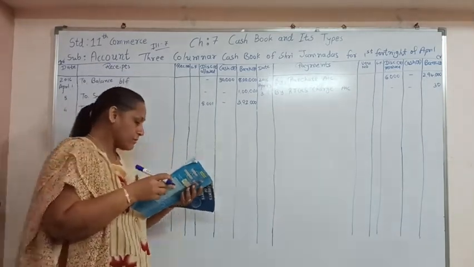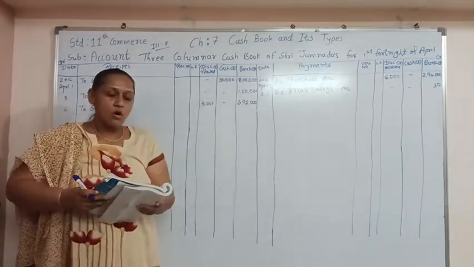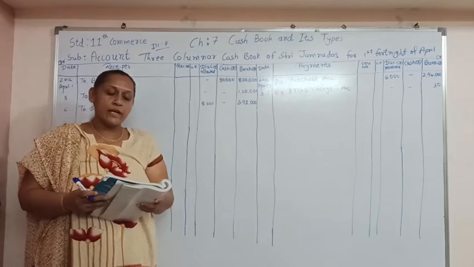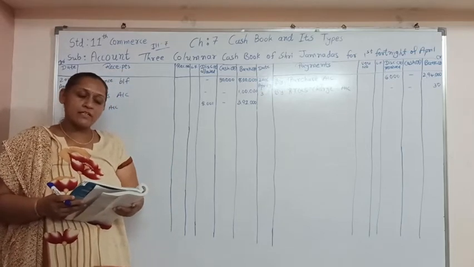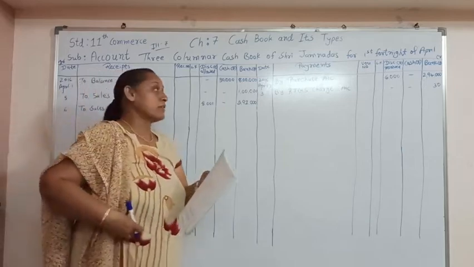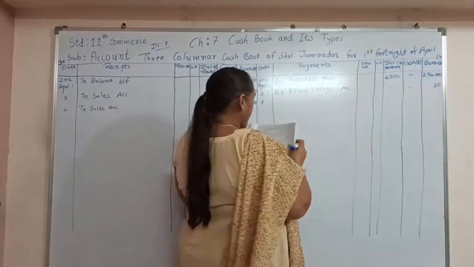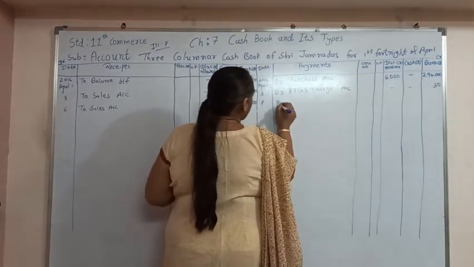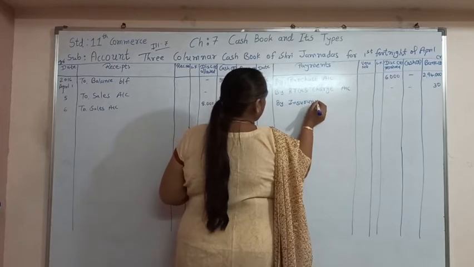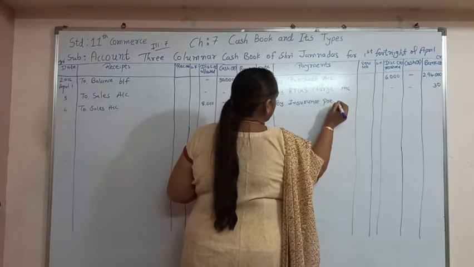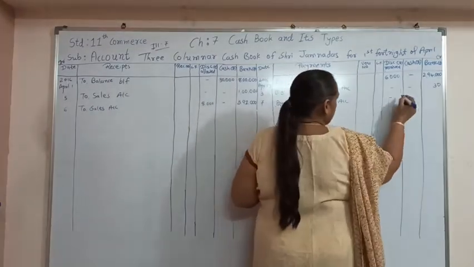Now on date number 7, insurance premium of 10,000 paid through NEFT. NEFT charges incurred rupees 3. Bank has debited the amount in our account. So on date number 7, we have paid the insurance premium. So by insurance premium account, and the amount paid is 10,000.